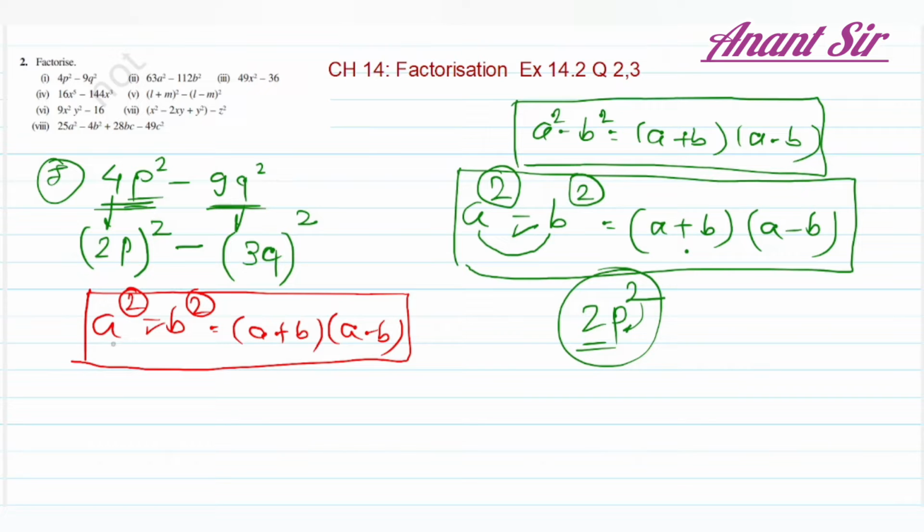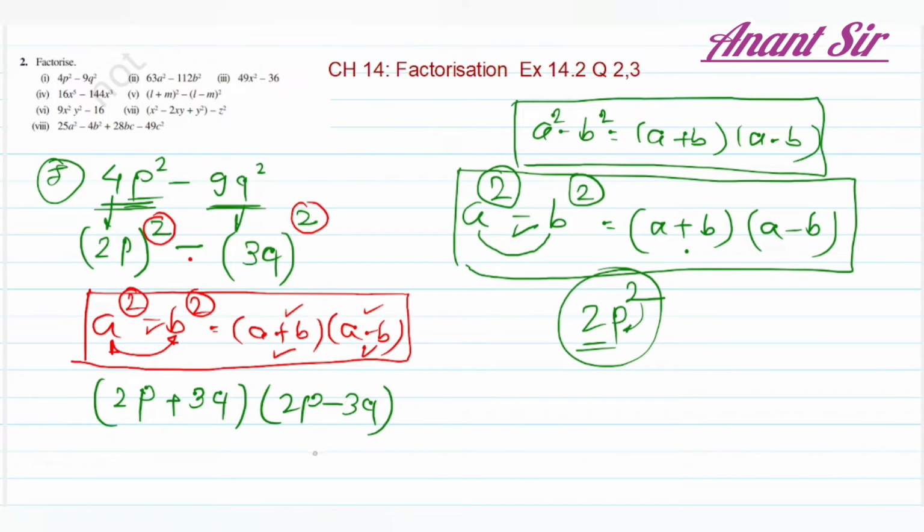The numbers whose squares are there, you put those numbers in one bracket with a positive sign and in another bracket with a negative sign. So here the squares were of 2p and 3q and there was a negative sign in between them. So you just put 2p and 3q with plus sign in one bracket and 2p and 3q with minus sign in another bracket. So this is our answer.